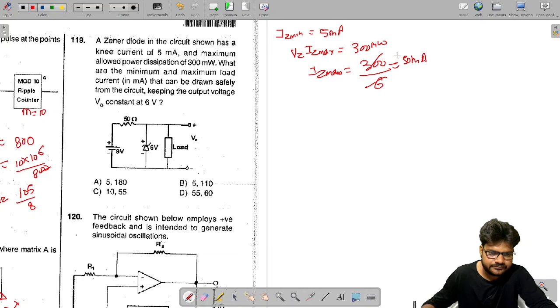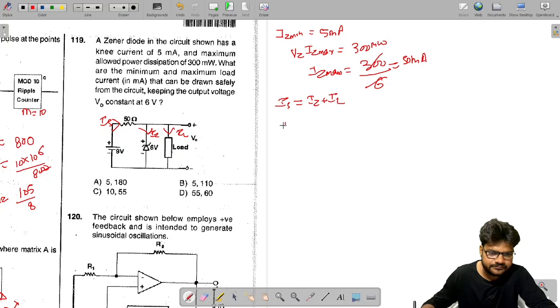We are asked for the maximum and minimum load current, IL maximum and minimum. Let us say the source current is Is, the Zener diode has current Iz and the load current is IL. So we write Is equals Iz plus IL.